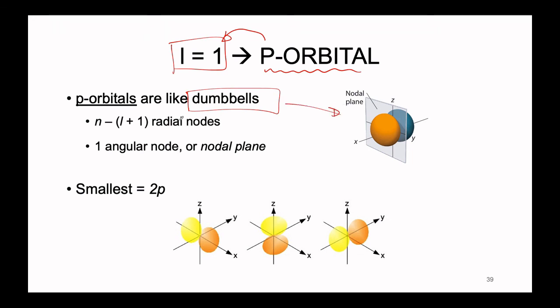The way that we can calculate how many radial nodes we have is the exact same equation as we've previously seen. If you know what your N and your L are, you can calculate how many radial nodes you have. And the reason why this equation is consistent is the s orbitals, we described them as appearing like onions, right? They have layers, but as it turns out, every orbital can have layers.